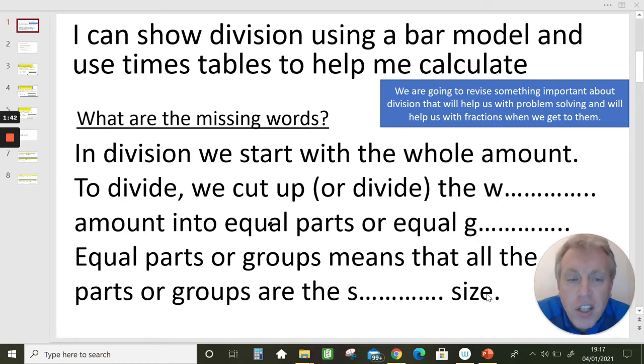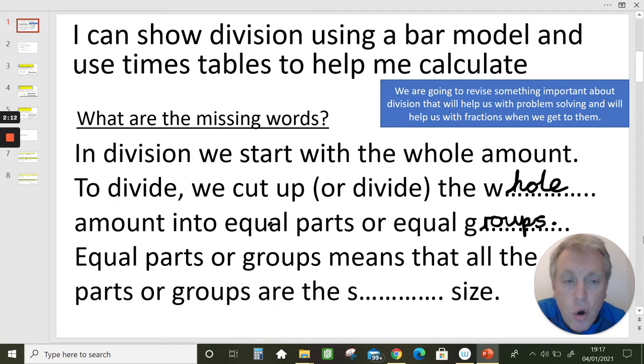We divide the, yes, you knew it, the whole amount. So I'm going to write my word whole, the whole amount, into equal parts or equal, did you know it? Equal groups.